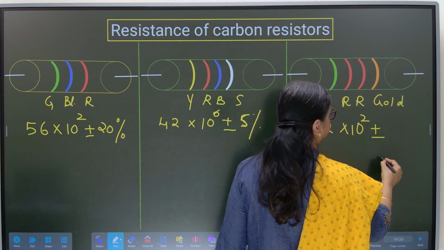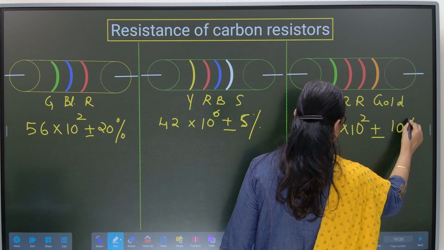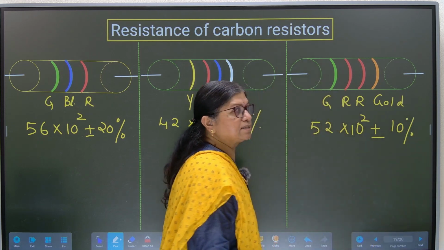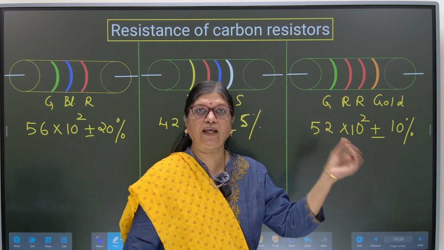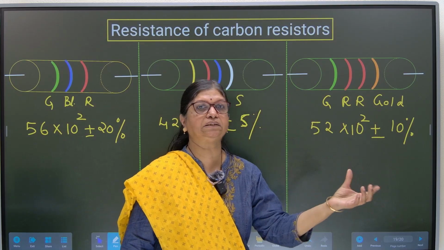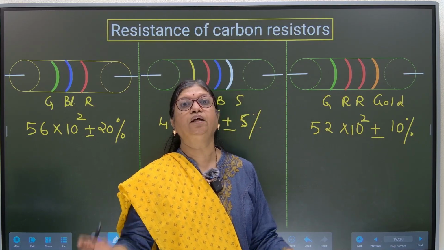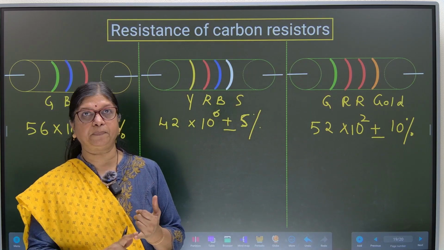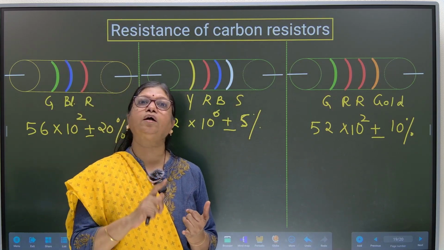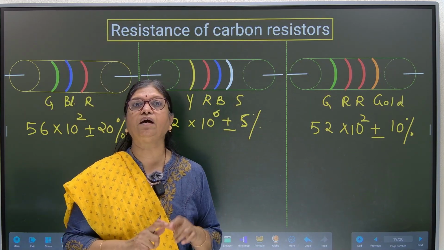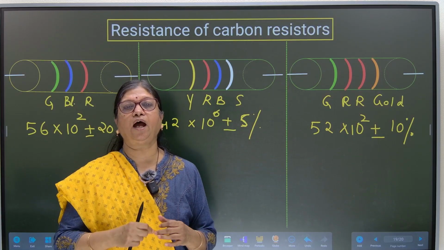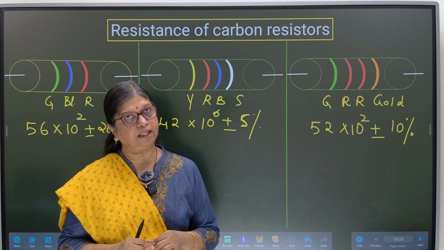Plus or minus for gold, it is 10% tolerance. Fine. It can vary, be more or be less than 10% of this value indicated here. Fine. So using the table by remembrance or by trick, for every color we can find out the resistance indicated.